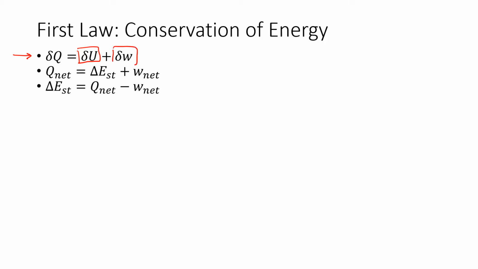For the work done, if you know what process the system is going through, if it's a polytropic process, if it's a constant pressure process, you have different equations and you can calculate how much work is done.